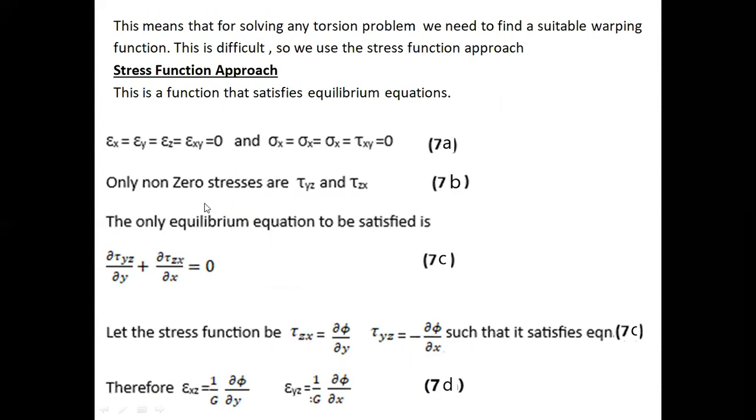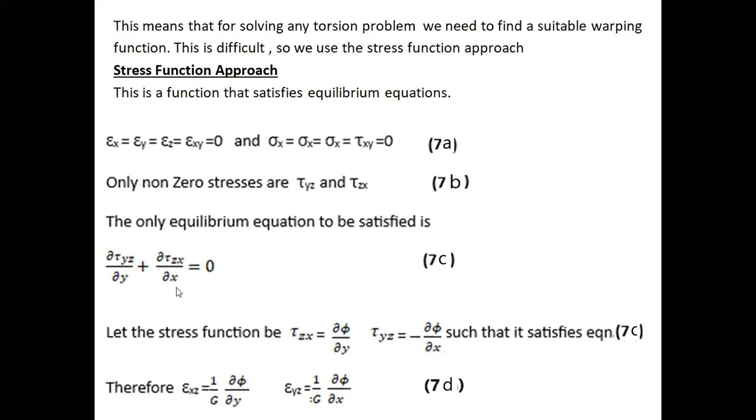Here there is some misprint. And the only two non-zero stresses are tau yz and tau zx. And the only equilibrium equation to be satisfied is del tau yz by del y plus del tau xz by del x is equal to 0.